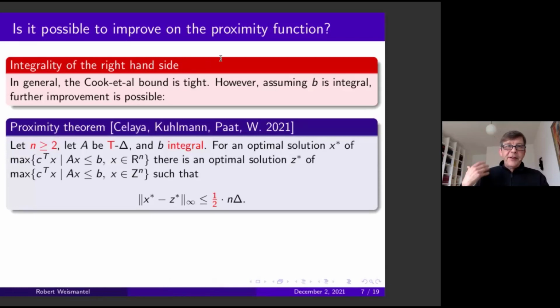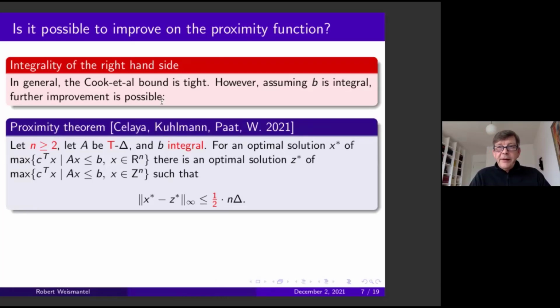As I told you, I opened my mouth too much. I want to arrive at a bound which is independent of the dimension. The only thing I can offer you is some recent work with Marcel Zelaya, a postdoc in Zurich, Stefan Kuhlmann, a PhD student in Berlin, and Joe Paat, an assistant professor in Vancouver.